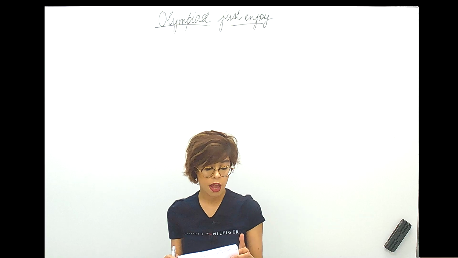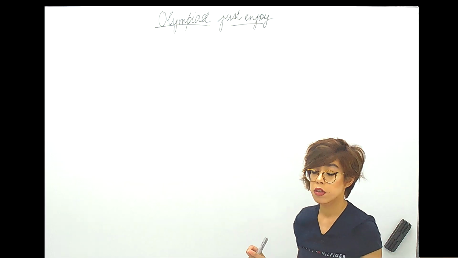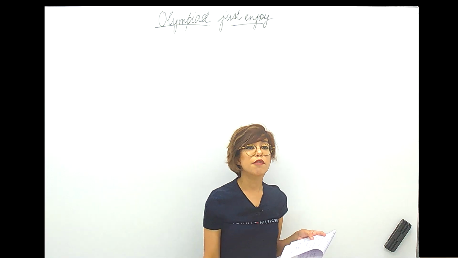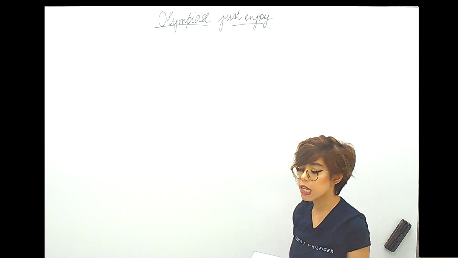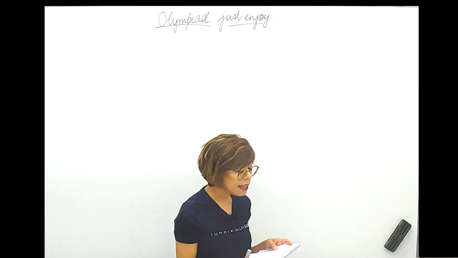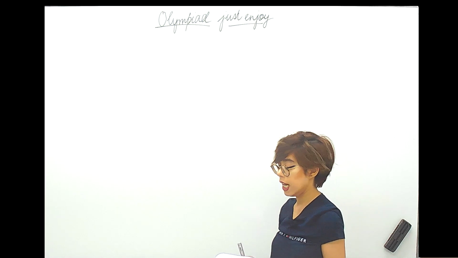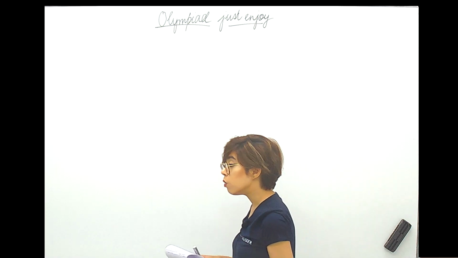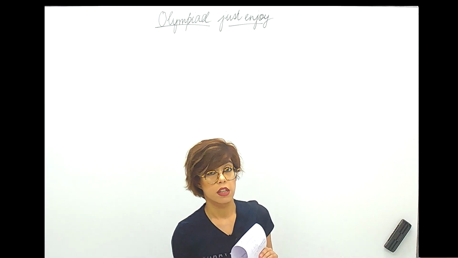Write down: given x equal to 2 is the root of 84x cube minus 157x square minus kx plus 78 equal to 0, find the value of k, and also find the other roots, using only synthetic division method.